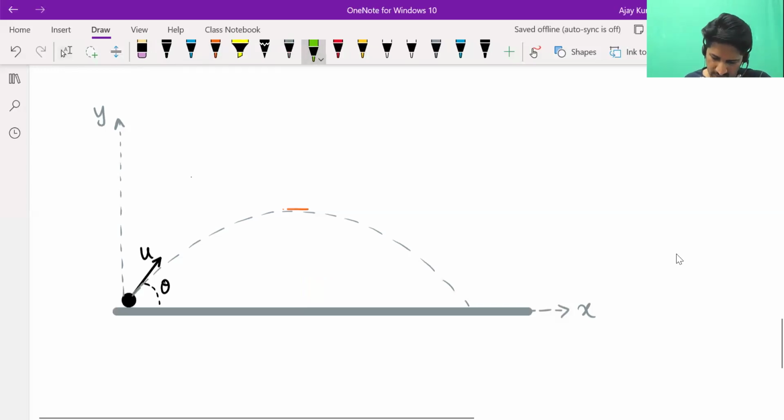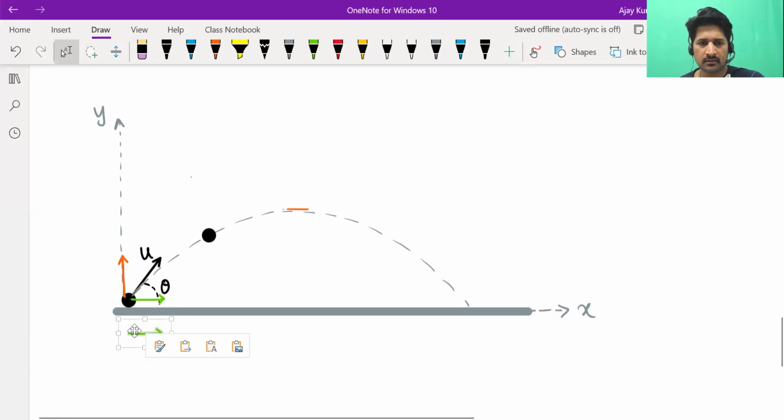Initially, you can imagine this much x component and let's say this much y component. Later on, at a random position, if you consider the particle, it will have the same x component as the initial one. So I can directly copy paste that vector. The x component does not change.